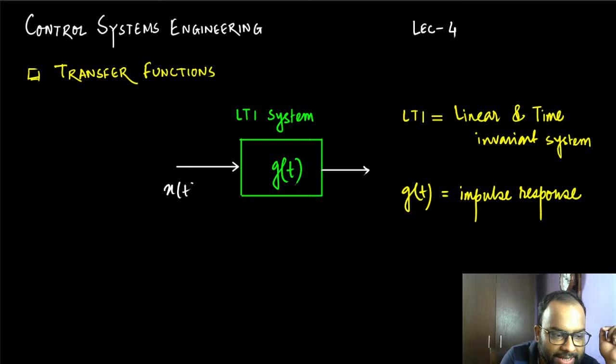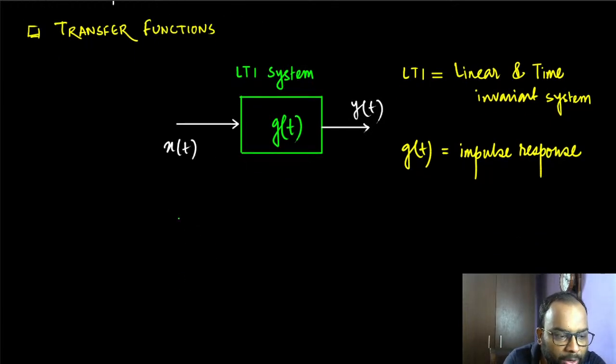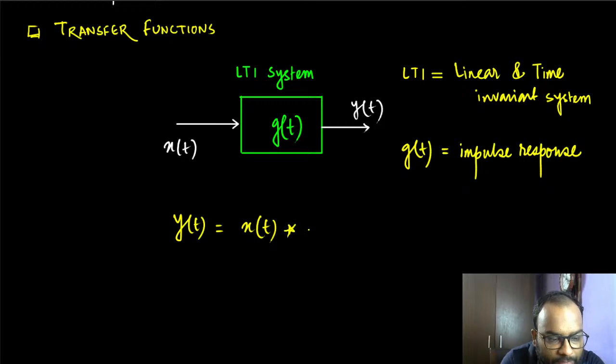Say x(t) is the signal in the time domain that denotes the input, any arbitrary input, and y(t) denotes the output, any arbitrary output corresponding to this input. When the system is excited with the input x(t), the system generates an output y(t). You know the relationship between the input and the output for this linear time invariant system is given by this: if I know the impulse response, I can calculate the convolution of the impulse response with the input, and then we can get the output.